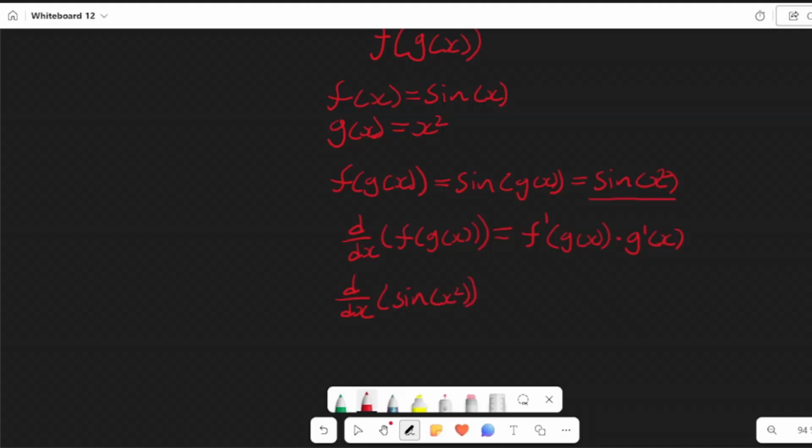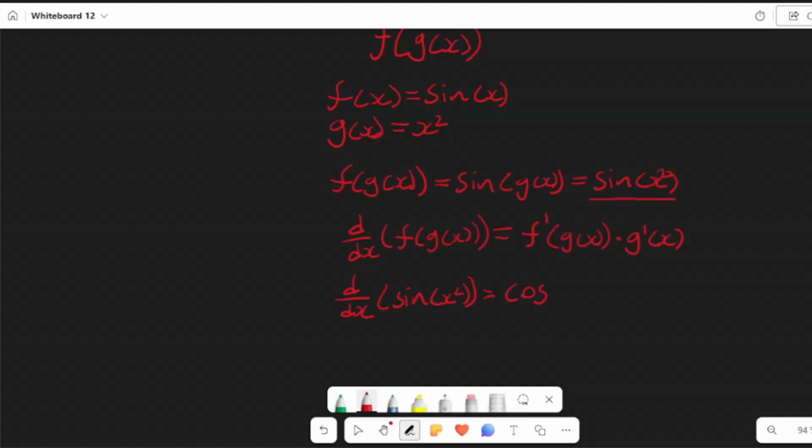In this case, you'll notice that our outer function, as we said before, is sine of x, so it's going to be sine, and our g of x, which is our inscribed function, is essentially just x squared. So let me demonstrate. So f prime of x. Okay, so the derivative of sine of x, so our f of x. Well, the derivative of sine is cosine, so I'll be denoting it here.